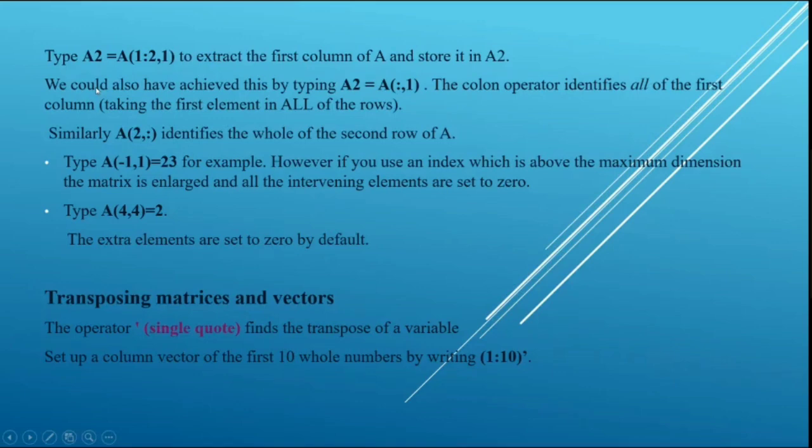We could also have achieved this by typing A2 equals A(:, 1). The colon operator identifies all of the first column, taking the first element in all of the rows.